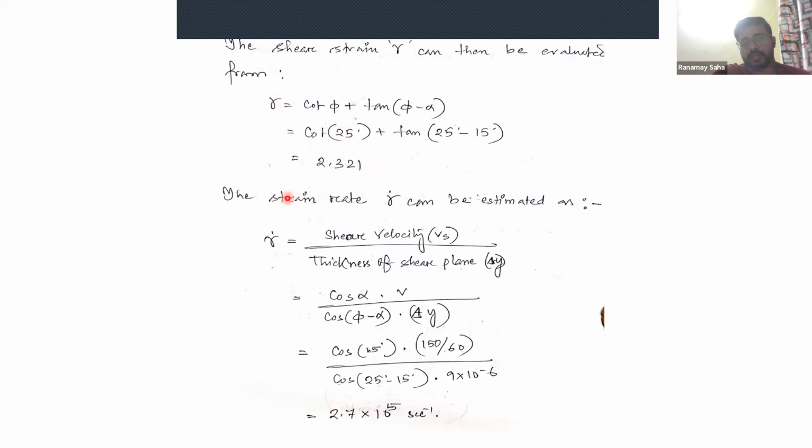And again, the next part was to determine the strain rate. So how to determine the strain rate? You know that any rate has to be per second as its unit. Here, we have derived the relation between the shear velocity, the chip velocity, and the cutting velocity. I told you this should be utilized to solve the problem.